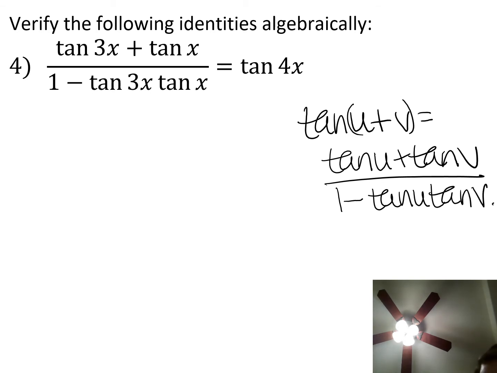Okay, and so looking at this, I have that plus sign. I have that minus sign. Okay, and then when I look at my angles, I can see that I have an angle here and here that are the same, and I have those same angles there. Okay, and then here I have angle B, and that matches here and here. So now the goal is to work it backwards so that it looks like this part in the top up here. Okay, so I know my U and V.